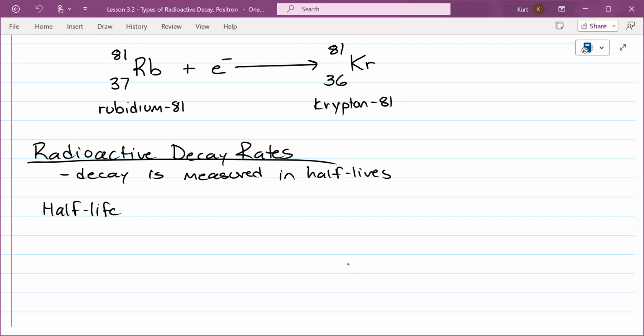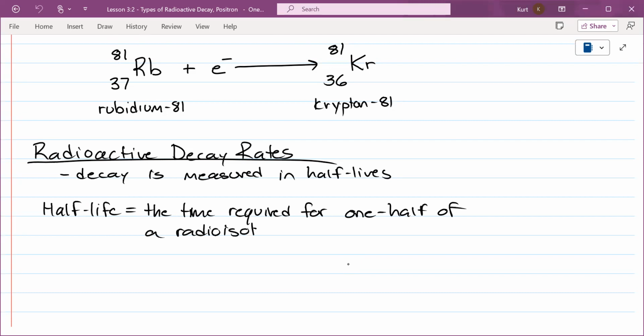A half-life is the time, vocab word, required for 1/2 of a radioisotope's nucleus to decay.